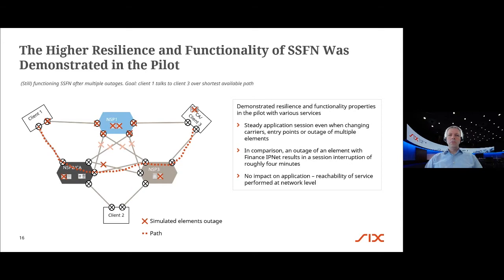In comparison to what we have on Finance IPNet, this would more or less mean we have an interrupt of at least 4 minutes within the application. This is not just coming from the network, of course. This is also how the application is behaving in case of outages. Typically, a reestablishment of the session has to happen, and then also reconciliation has to be done in order to find out where the last successful transaction was and how good it is, and possibly a catch up on transactions as well.